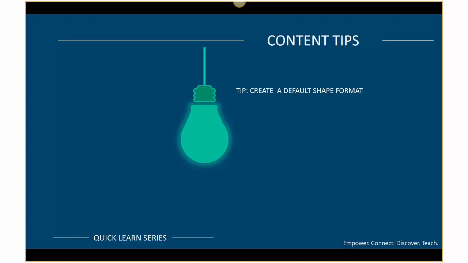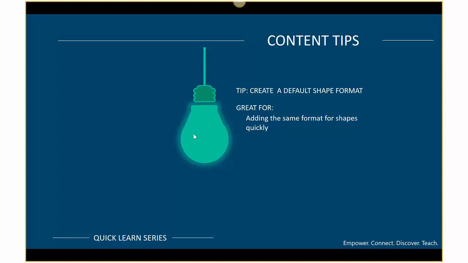And that's where creating this default shape format comes in handy. It allows you to add the same format to any shape that you would create from the Insert tab. So let's take a look at that so I can show you how to set the default shape.